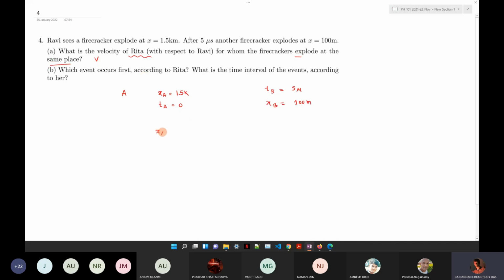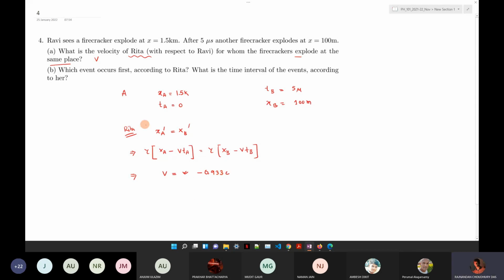That means we can write that in Rita's frame, xA prime is equal to xB prime. Now once we put this, we know the formula for xA prime and xB prime: gamma times of (xA minus v tA), and here also gamma times (xB minus v tB). Once you simplify it, you will get your v from here. You will get that this is actually minus 0.933 c.